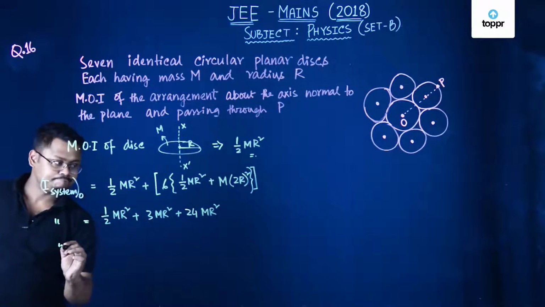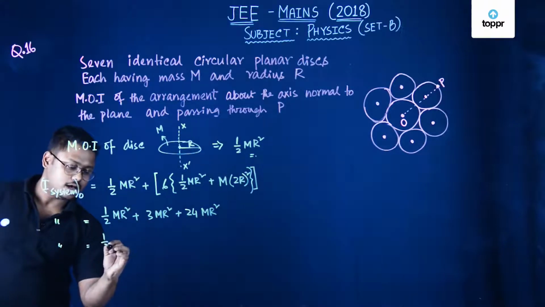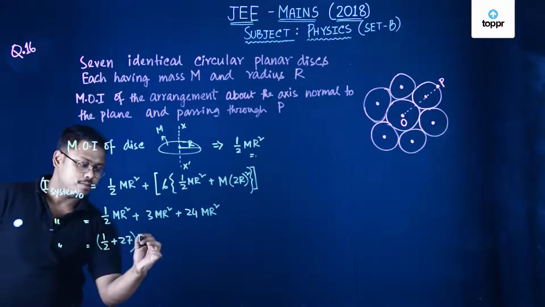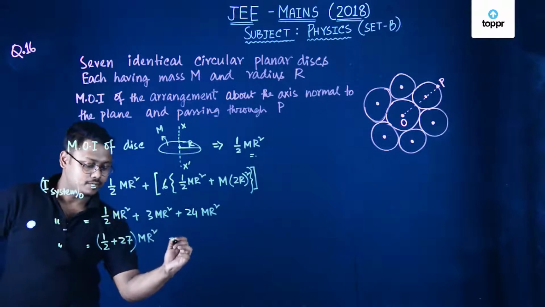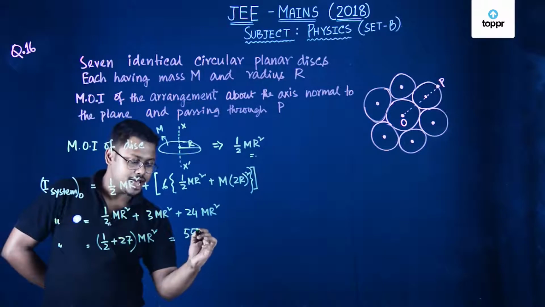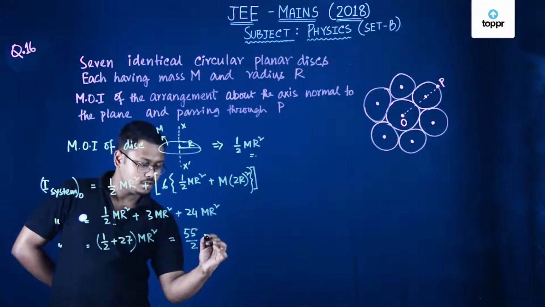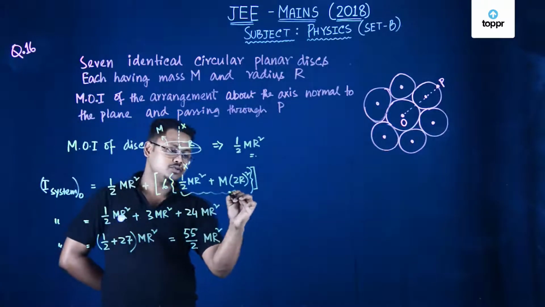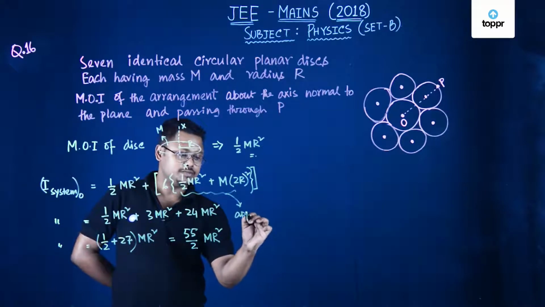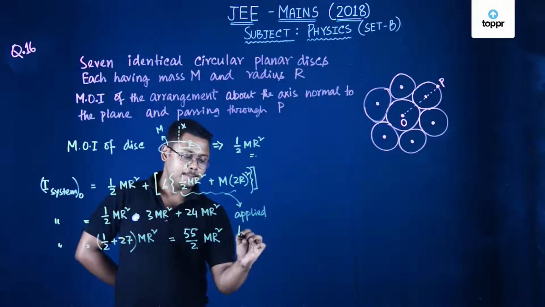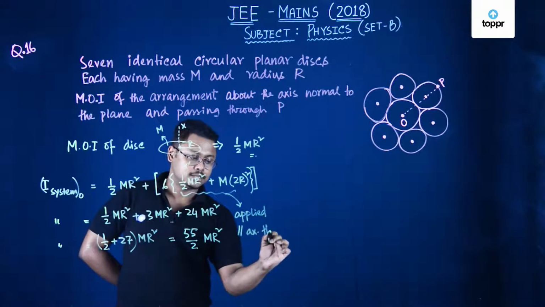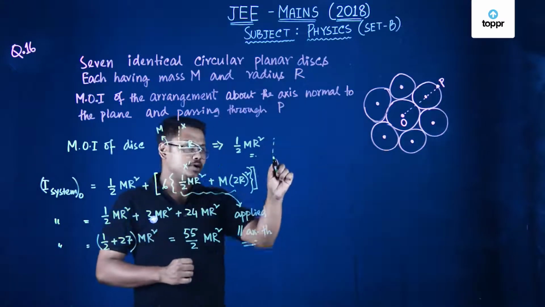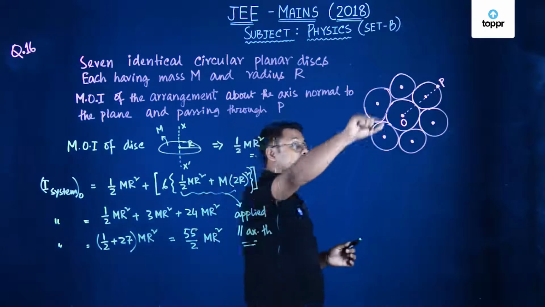So it will be 27 half plus 27 M R square, and it will be 55 upon 2 M R square. So what we have done in this particular case is just applied the parallel axis theorem, right, for each of these disks. Now we have got the moment of inertia of the whole system about this point.